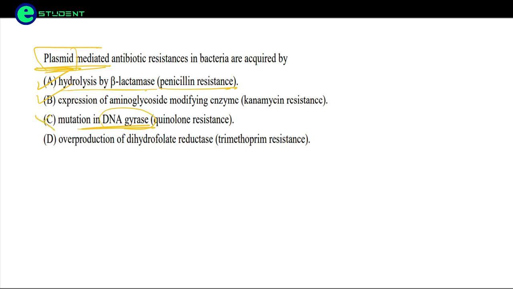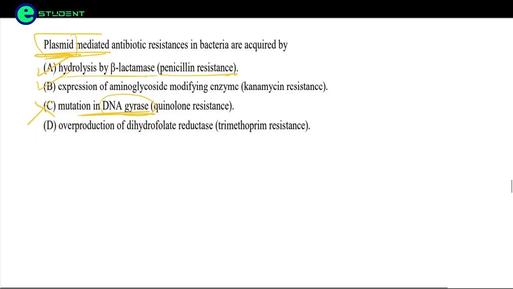So this is not the correct option. Overproduction of dihydrofolate reductase is very important in the production of amino acids and all, which is again present in the chromosomal DNA, but not in the plasmid DNA. So this is also the wrong option. So A and B are the correct options.